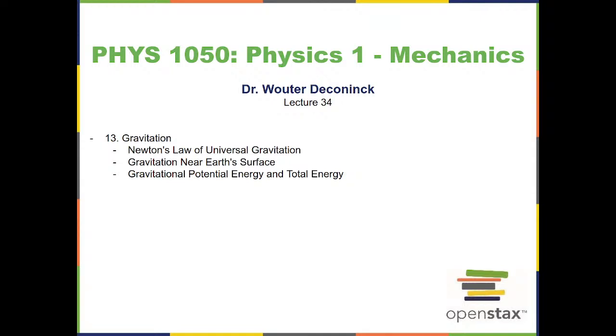So let's start with just a little bit of a historical overview. Newton's law of gravitation is the outcome of a long history of questions, when people were looking up at the sky and saw the planets move across the sky. The question was, why do these planets move there? Are they gods, or is there some physical phenomenon that underpins their motion?